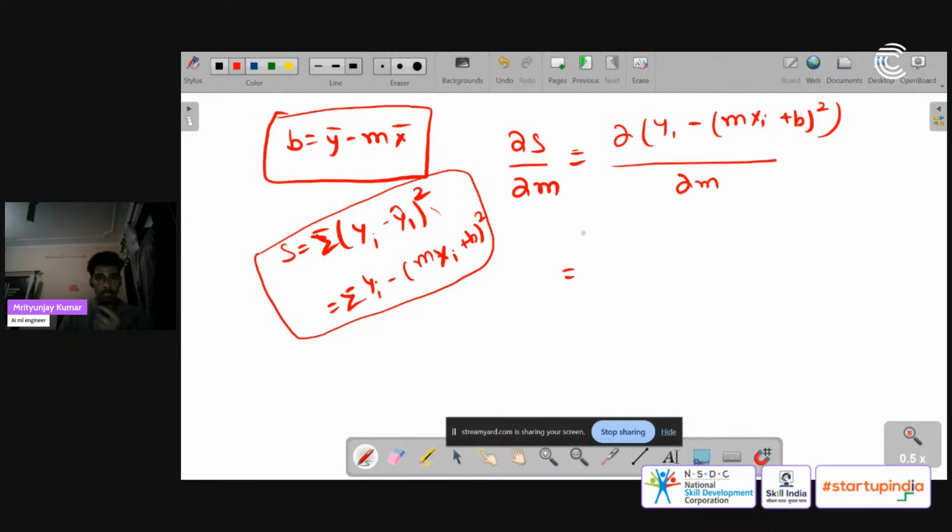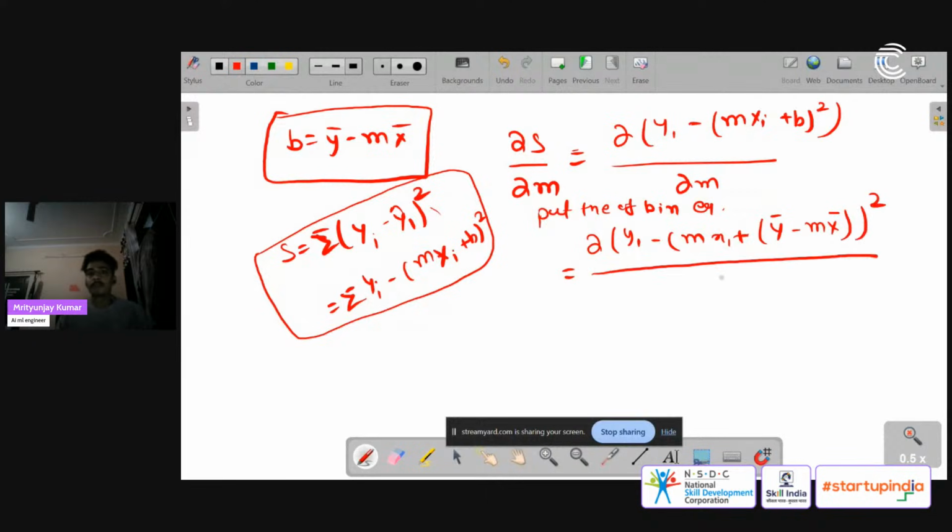So our new equation, just putting the value of b in the equation, is (y_i minus (m x_i plus (y bar minus m x bar))) whole square, differentiated by dm. It looks complicated, but it is not that complicated.